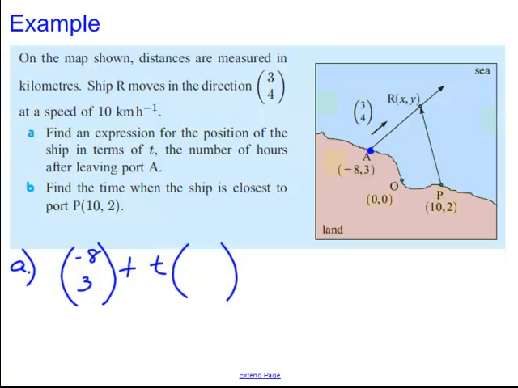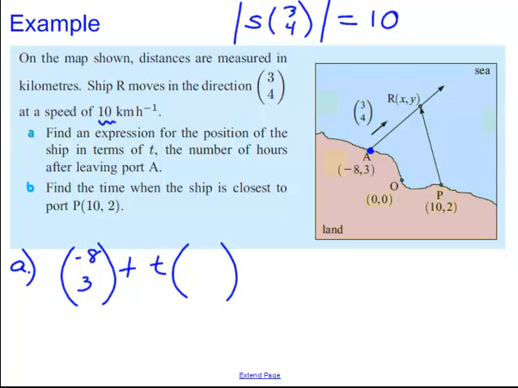Keep in mind, please, that my speed is 10. In order for my speed to be equal to 10, I have to take this vector and multiply it by some scalar so that when I take the length of this, it equals 10.